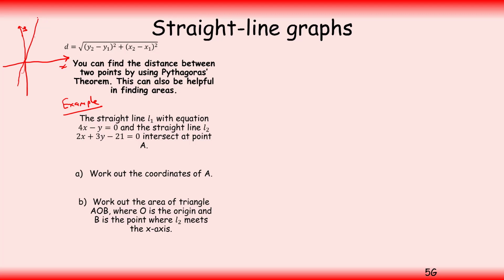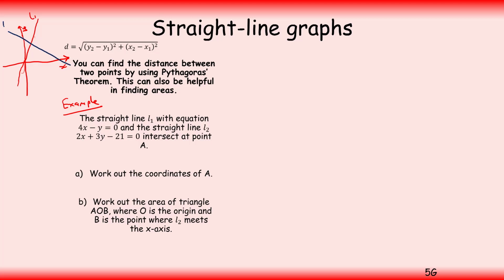Okay, that's L1. And the second one, I'm going to draw in a different color. Let's go blue. The second one, 2x plus 3y minus 21 equals 0. So we've got a negative gradient there because it's going to be y is equal to minus 2 over 3 x. So it's going to come backwards on itself this way, like so.